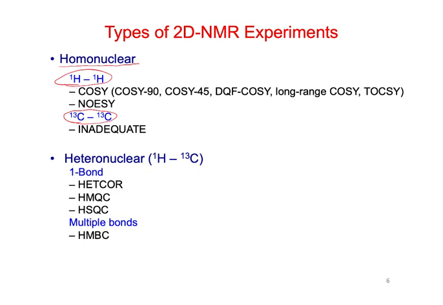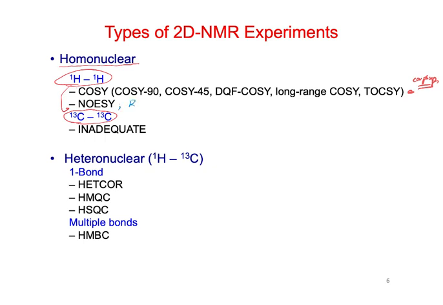Okay, so our proton-proton experiments are going to be these here. So the first set here is all just coupling. There's one called a NOSY. There's another one. So they always have these funny names.